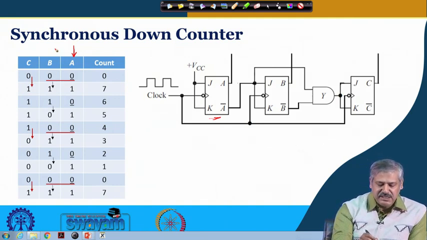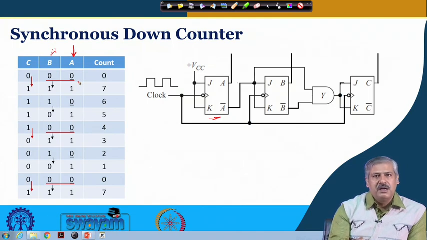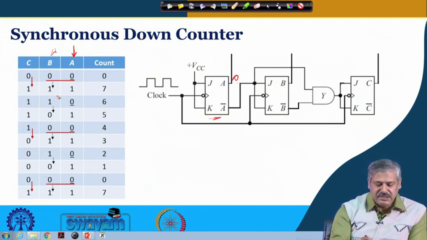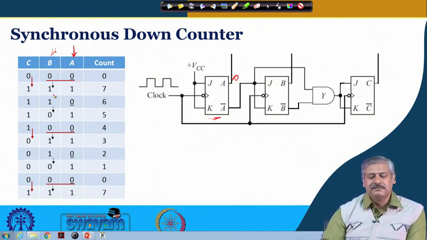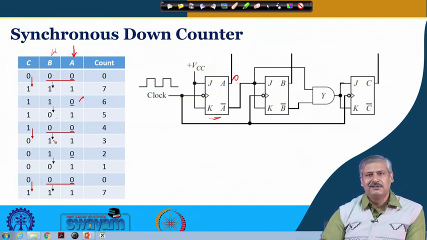Now, when B is changing, you can see when this 0 black underline is there, whenever there is a 0, with the clock trigger A has value 0, right, with the clock trigger we see that it is changing, right, again A has 0, with the clock trigger it is changing, right. So, this is changing from 0 to 1, this is changing from 1 to 0, again 0 to 1 and so on and so forth, right.